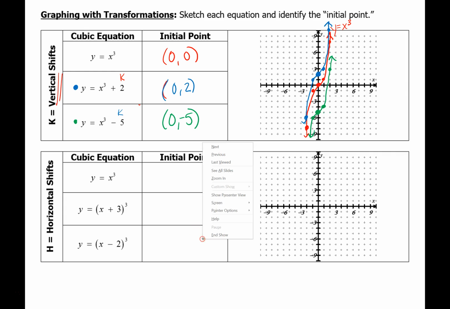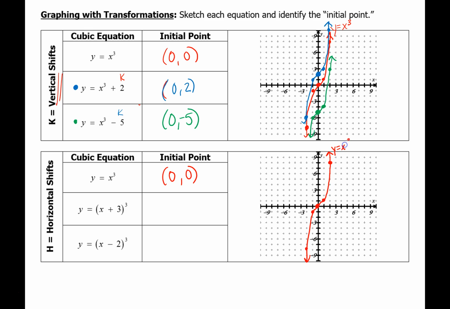Okay, so I'm going to go back to red again, and let's look at the h value, the horizontal shifts. My initial point for the parent is 0, 0, so I'm really quickly going to plot that parent so we can watch how it moves around. Okay, so that's my parent.